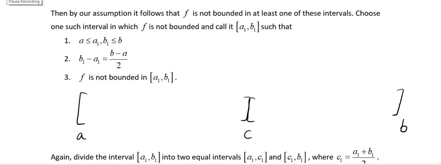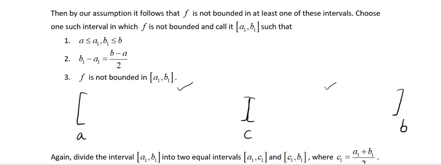Then by our assumption, it follows that f is not bounded in at least one of these intervals. Here we have closed interval a comma c and closed interval c comma b. But we are taking f is not bounded in closed interval a comma b. That's why f is not bounded in at least one of these intervals.